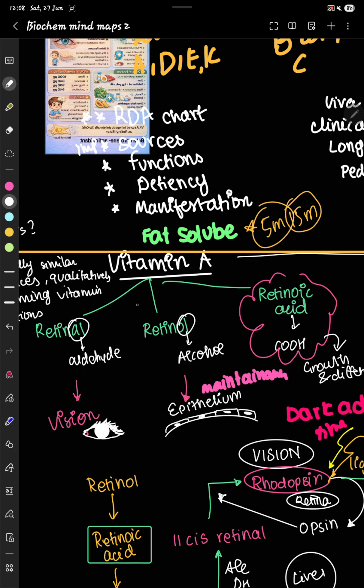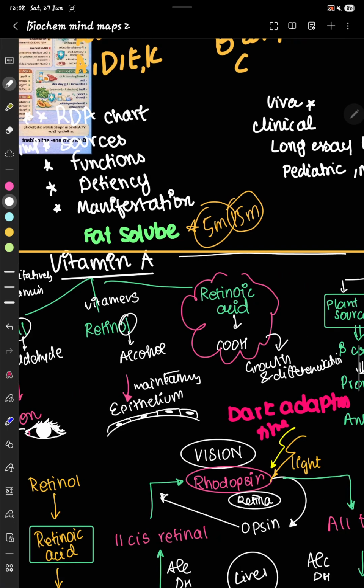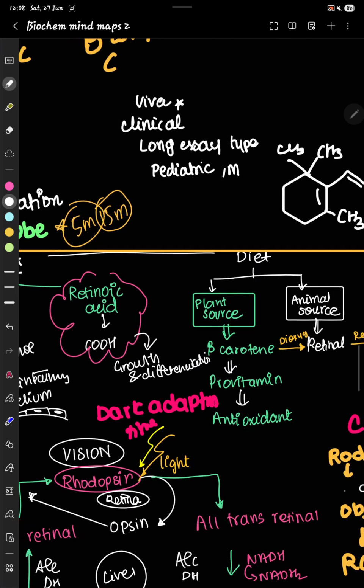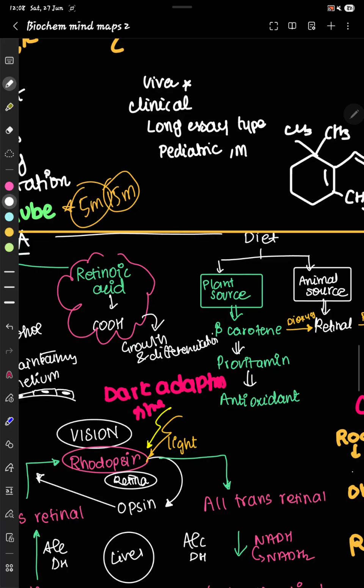Now, their functions are as follows. Retinal is important for vision, whereas retinol is important for maintenance of the germinal epithelium, and retinoic acid is important for growth and differentiation.